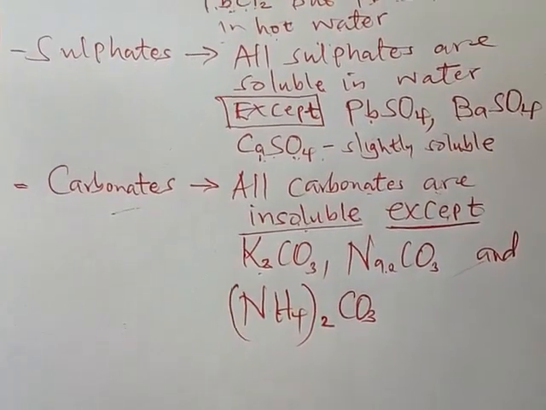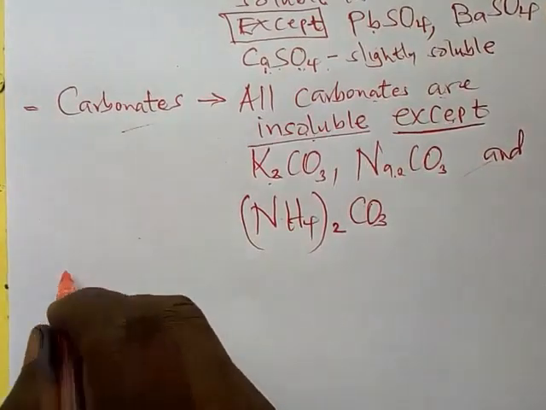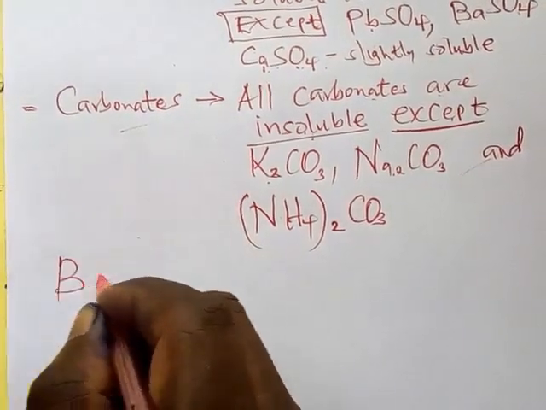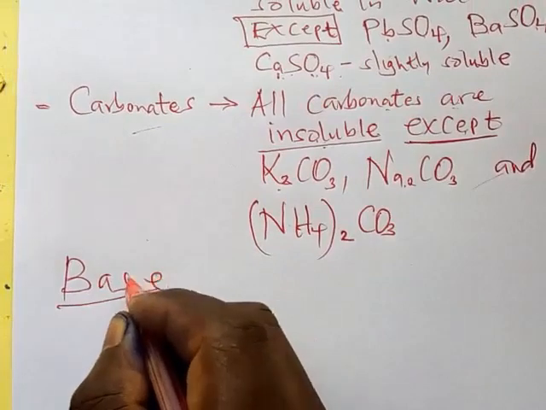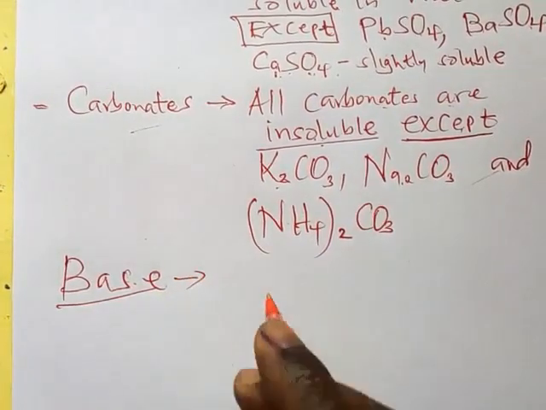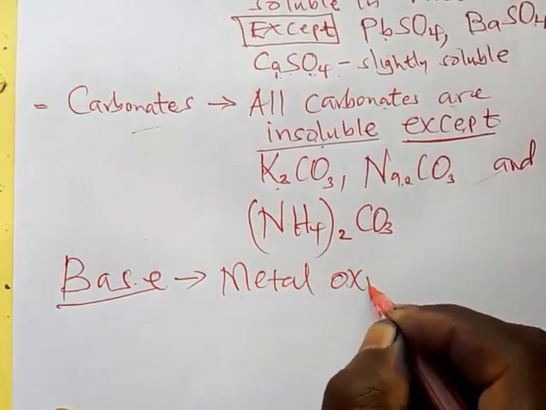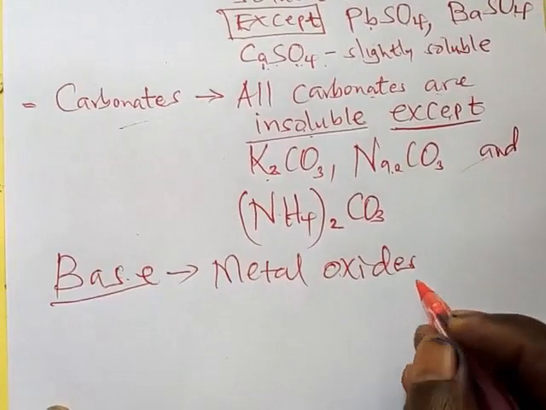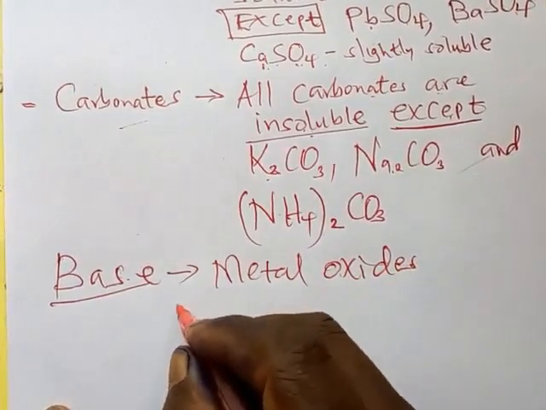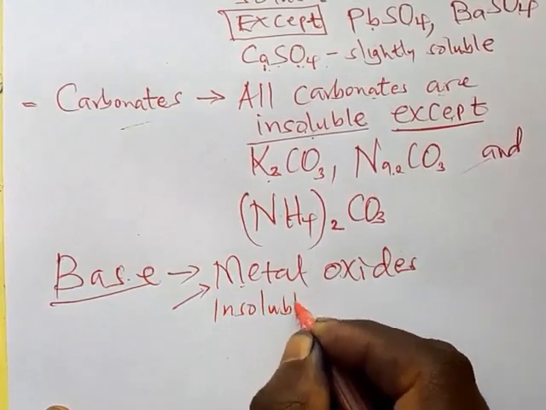Another small thing I want to talk about is the solubility of bases. You need to understand, what is a base? When we react a base plus an acid, a neutralization reaction, what are the bases? Metal oxides, or most of the metal oxides, are insoluble bases.